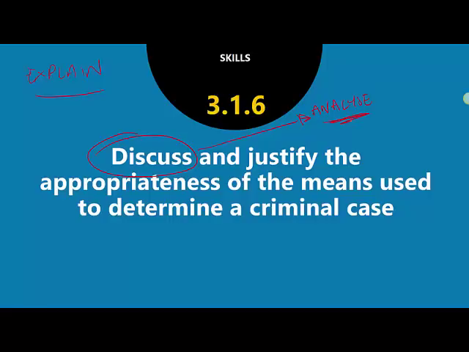And anytime you're asked to discuss something in an exam question, it means that there are two possible sides to look at. So in this instance, we need to discuss and justify the appropriateness of the means used to determine a criminal case.